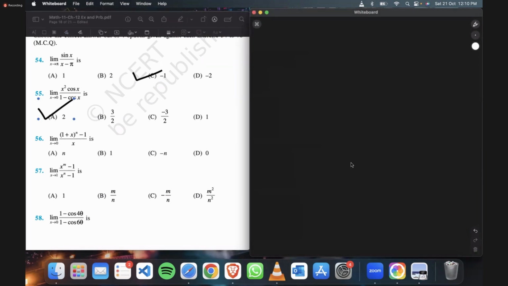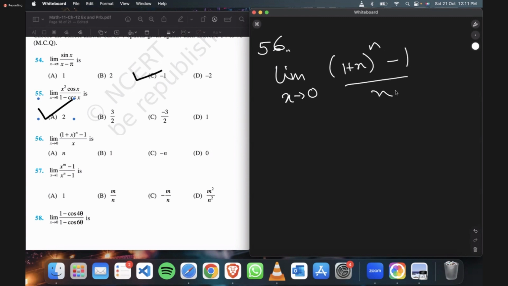Now next up we have question number 56. We have been given limit x tends to 0, 1 plus x raised to the power n minus 1 by x. So what can we do in this? Plus minus 1, yeah, that can help us. 1 plus x raised to the power n minus 1, and minus 1 will also be there.